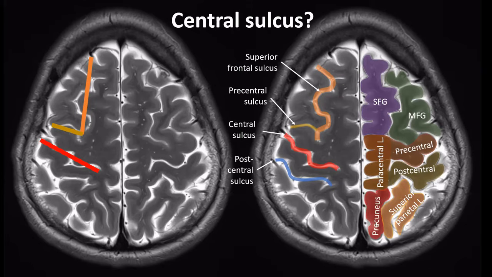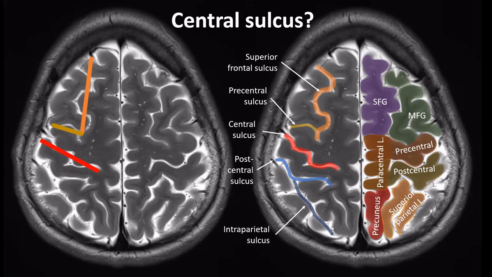This is the precuneus because it's located along the medial surface. And then we have the intraparietal sulcus, which divides the superior parietal lobule from the inferior parietal lobule, of which we can only see a very minute part on this image.